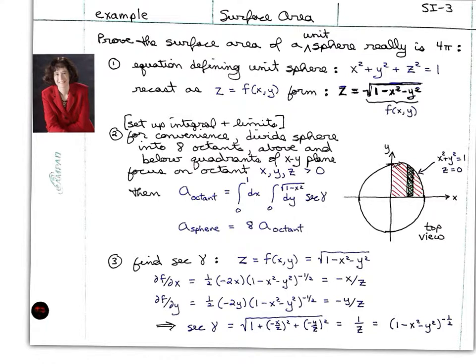So we now have a formula for secant gamma in terms of x and y. We can plug it into our integral and find the result. So this has encompassed everything from our surface area integral method that tells us how to set up the problem. On the next slide, I'll walk you through doing the actual integral to come out to the final answer.